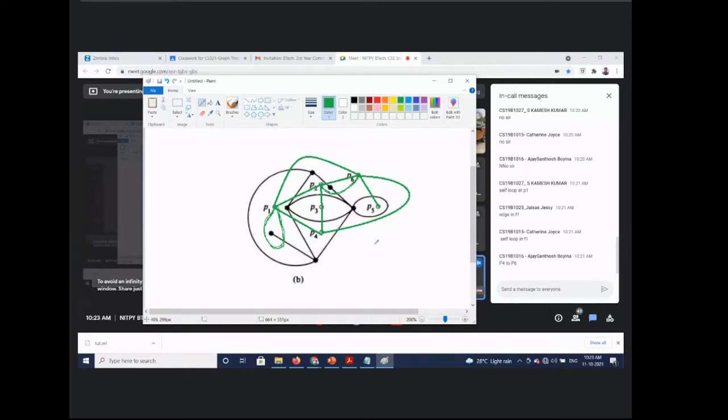Now, I want everyone to count how many edges were there previously, that is in graph B. And I will say this green color is graph C. How many edges are there in graph C as well? How many edges are there in graph B?